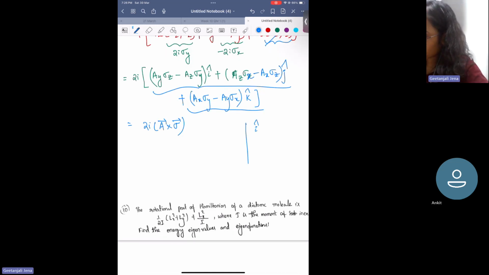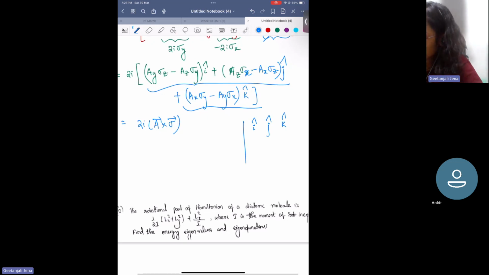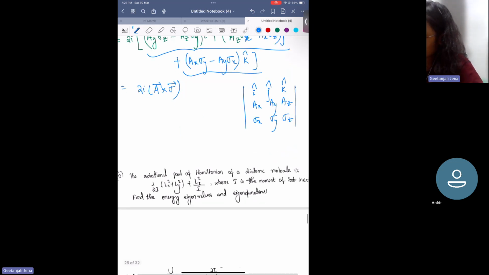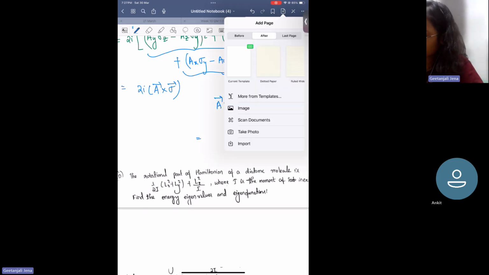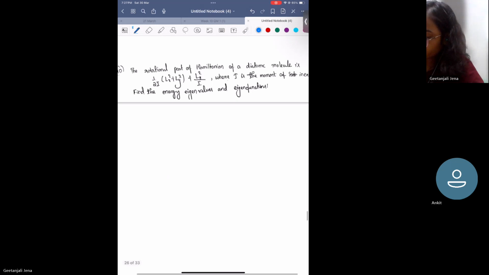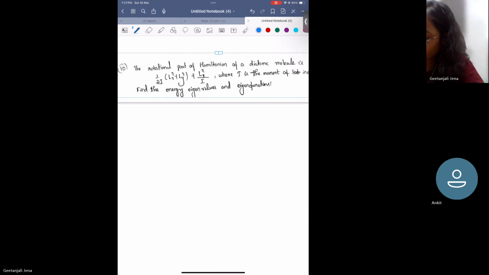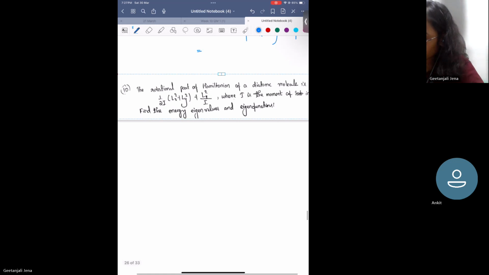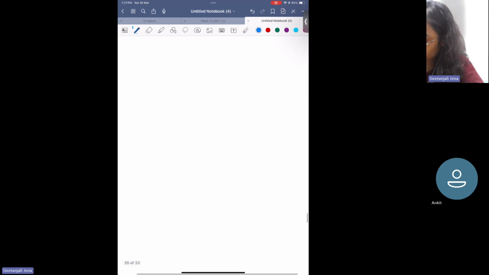You can easily check this: take i cap, j cap, k cap, Ax, Ay, Az, sigma x, sigma y, sigma z; then this is the curl of A with sigma.